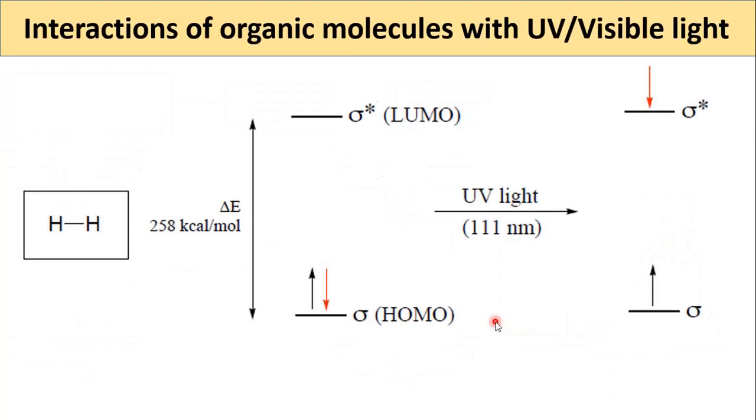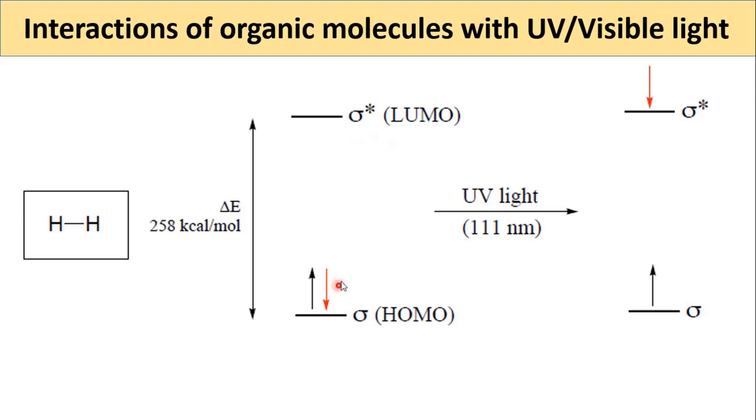Now let's see how organic molecules interact with UV visible light with different examples, and try to understand which kind of spectrum we are going to get. So for example, if we take hydrogen gas, H2 has a single bond, and both electrons in this molecule are present in the sigma HOMO orbital or the ground state, and the excited state is sigma star, that is our excited state LUMO.